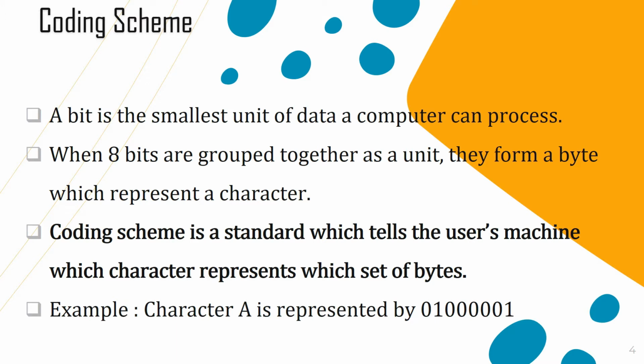Coding scheme is a standard which tells the user's machine which character represents which set of bytes. So for example, character A is represented by 01000001.